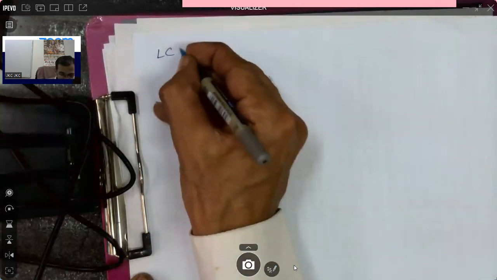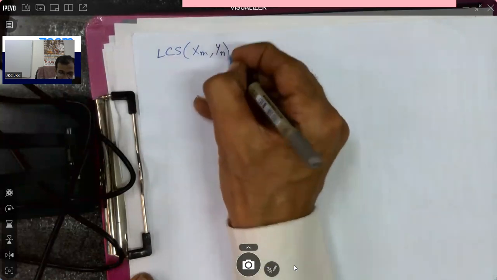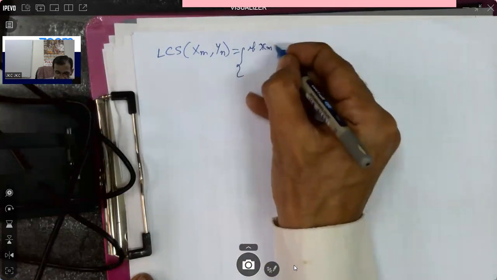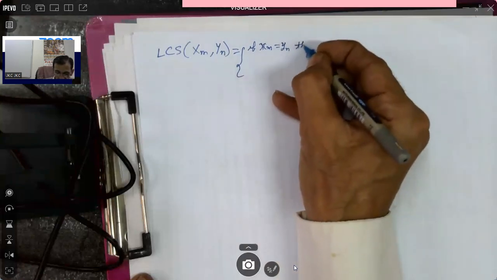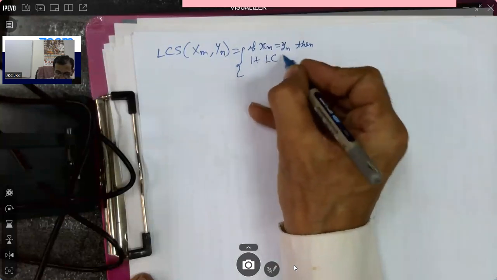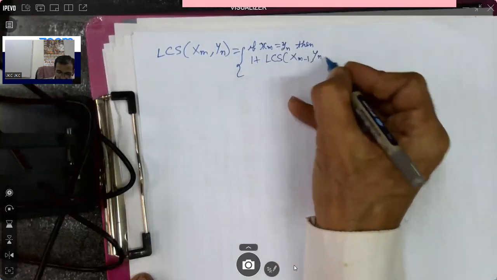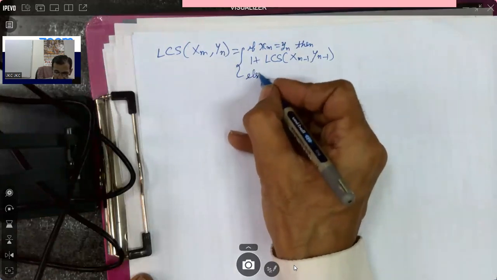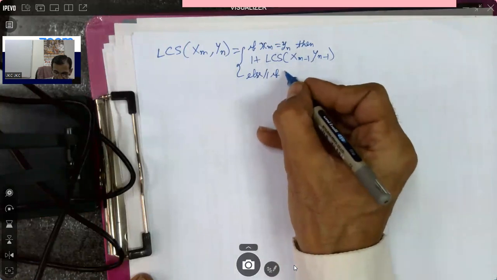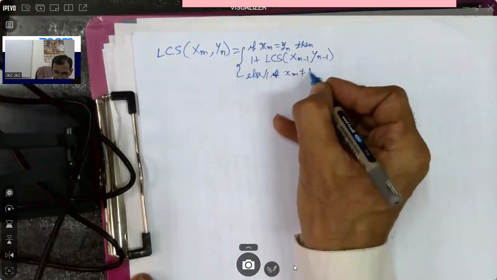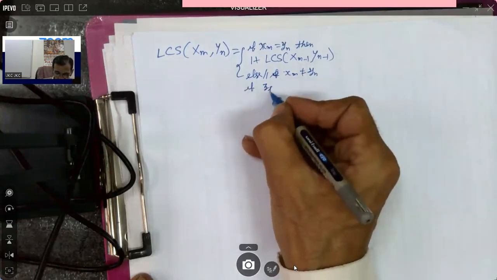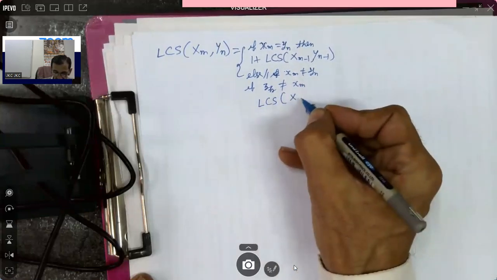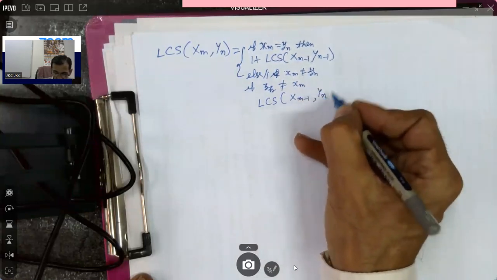I can say LCS of xm comma yn is equal to 1 plus LCS of smaller length on both sides, if xm equals yn. Otherwise, if xm is not equal to yn, then if zk is not equal to xm, the answer will be LCS of x with m minus 1 and y remaining fully.